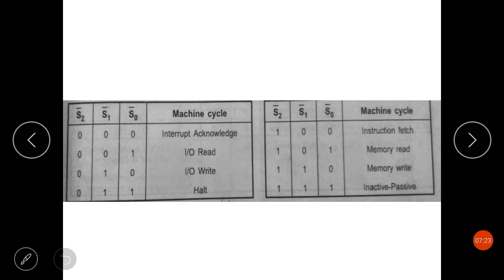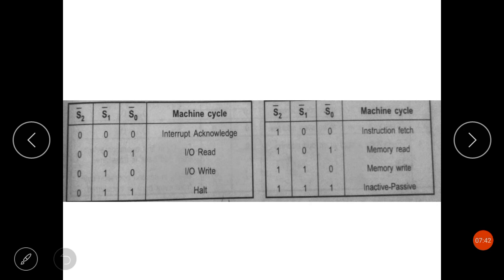And the last pins are S0 bar, S1 bar and S2 bar. These are connected to the bus controller. These 3 status signals indicate the type of transfer taking place during the current bus cycle.